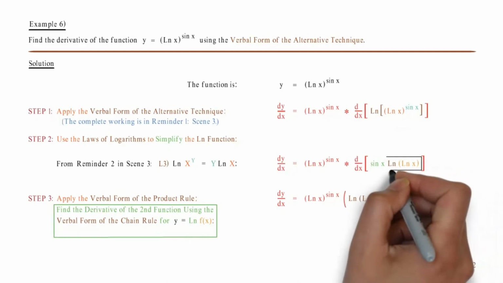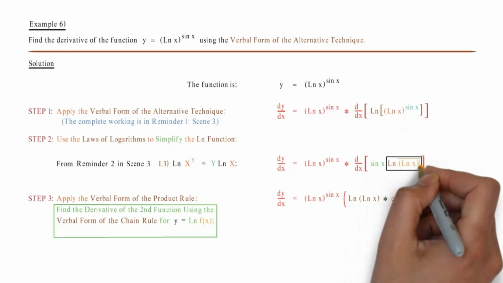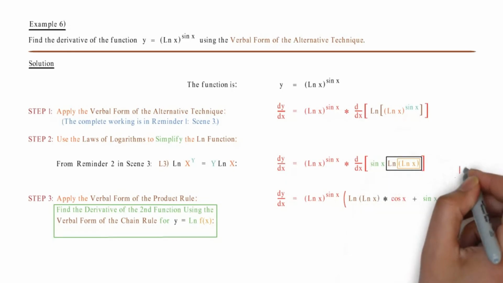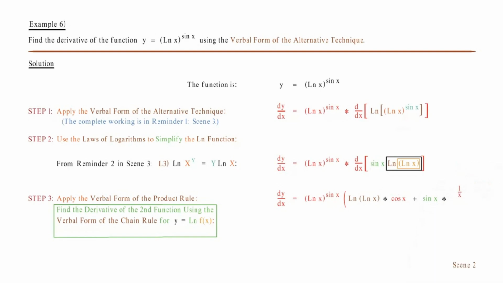This derivative equals the derivative of the argument of ln, which is the derivative of ln of x, which is 1 over x.